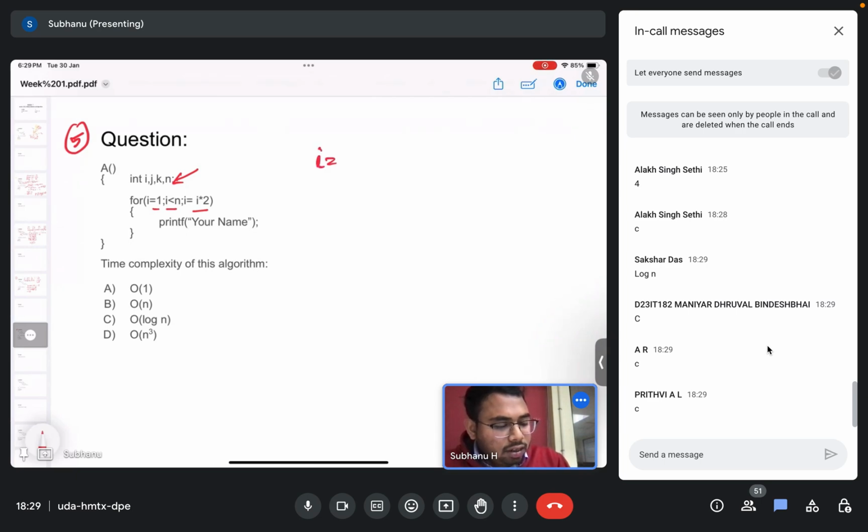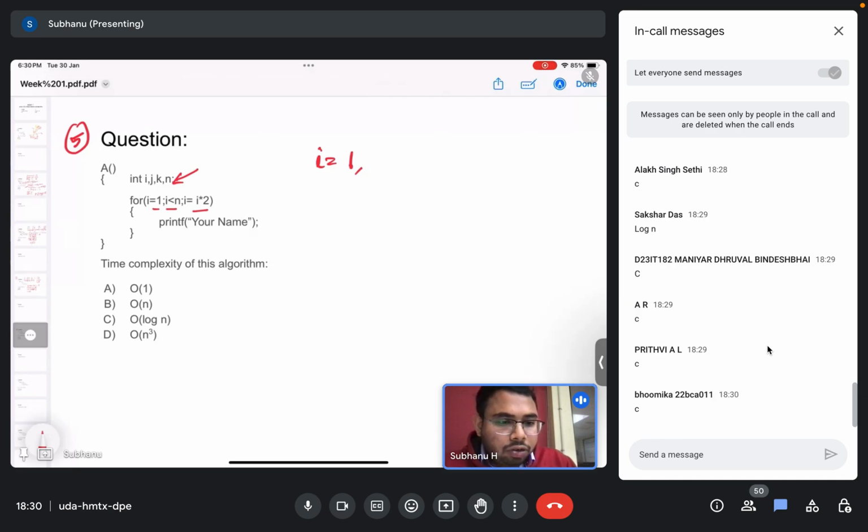So I will be starting from 1, then I will check whether i is less than n or not. n is a very big number, like 10,000 or more, so it will check that i is less than n or not.